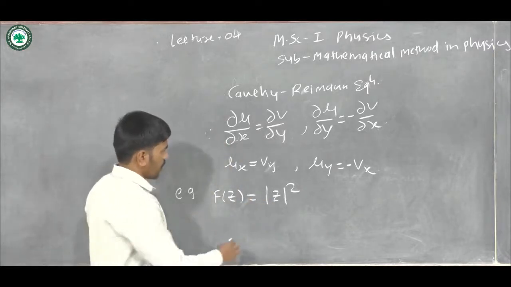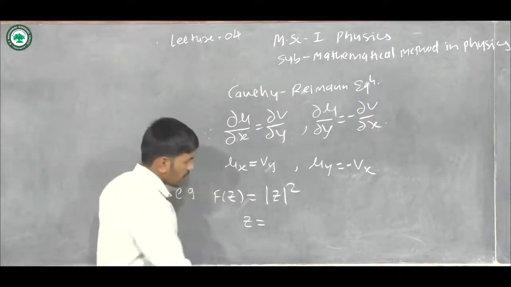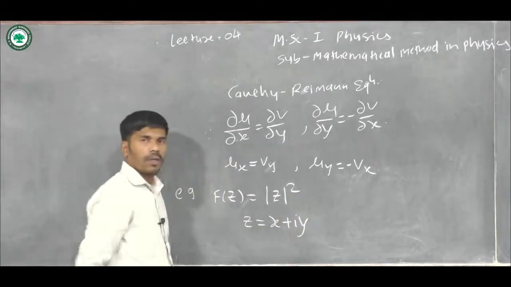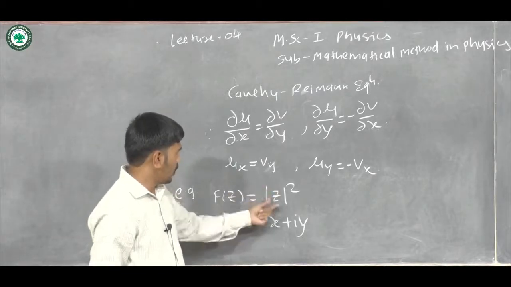So first, we know z in the complex variable is x plus iota y.